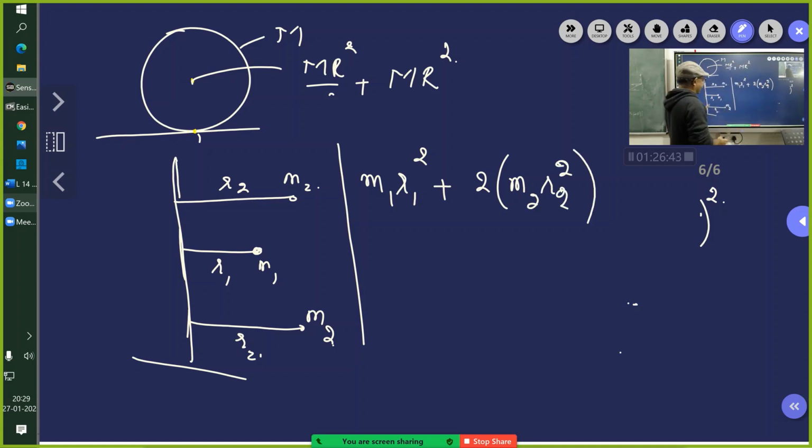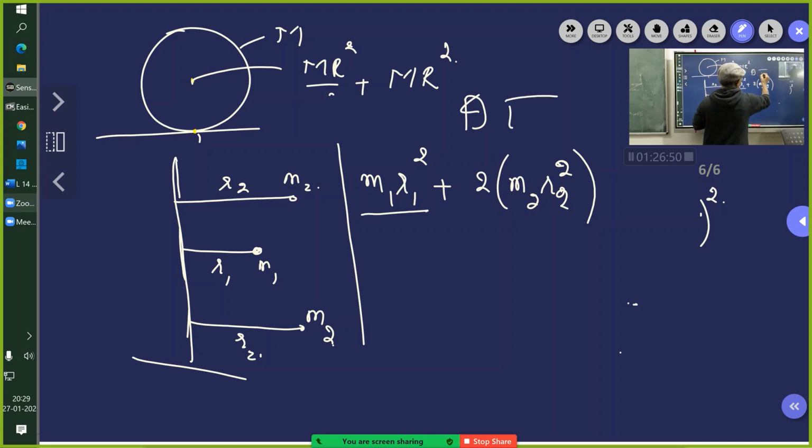So here instead of this you have got one cylinder, the cylinder is like this, and then here you have got two discs.